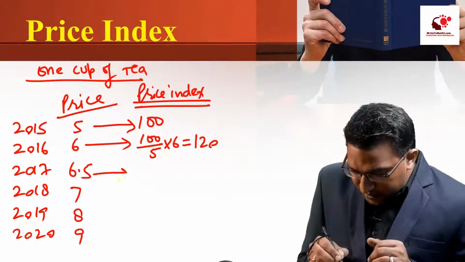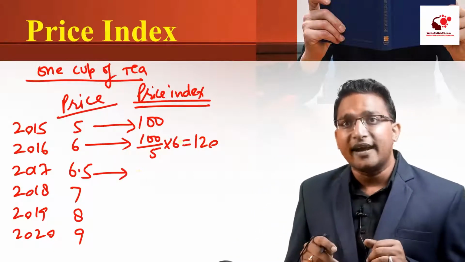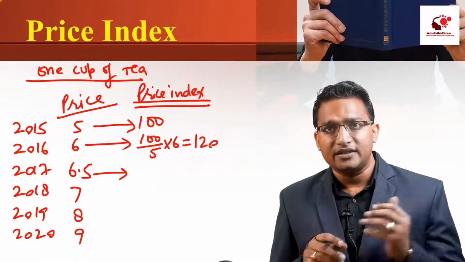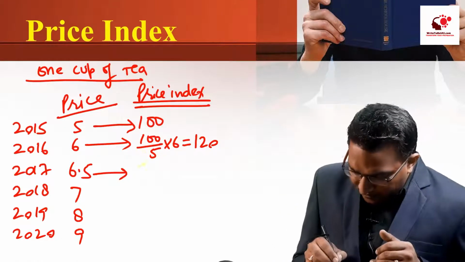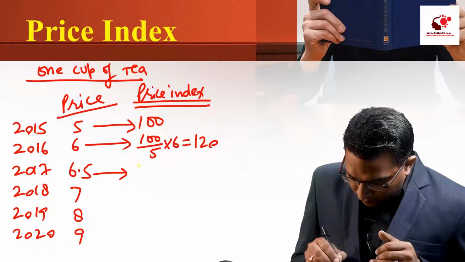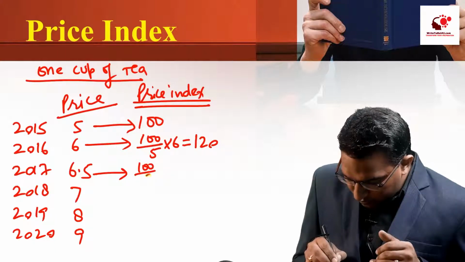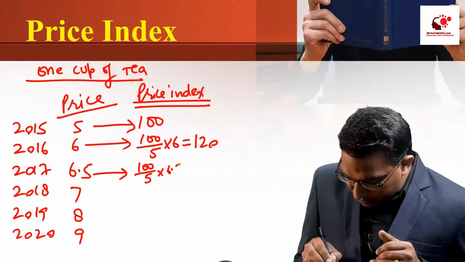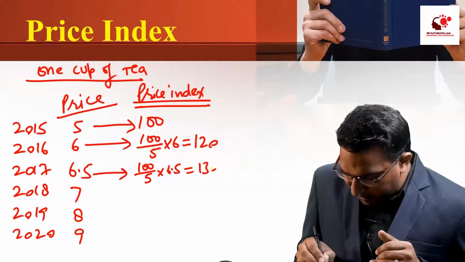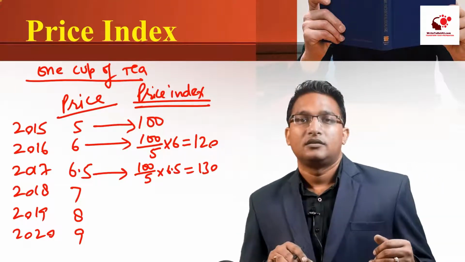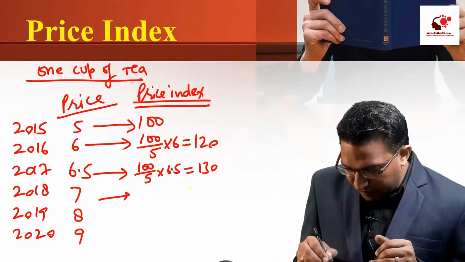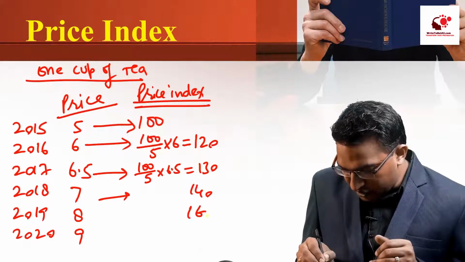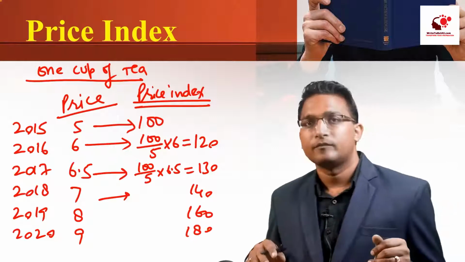Similarly, for this, the price index we take from the base year. So for this, the price index will be 100 upon 5 multiplied by 6.5, that is 130. Similarly, for 7 it will be 140, 160 and 180.